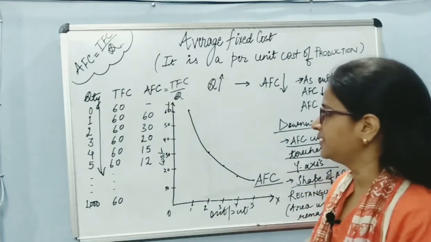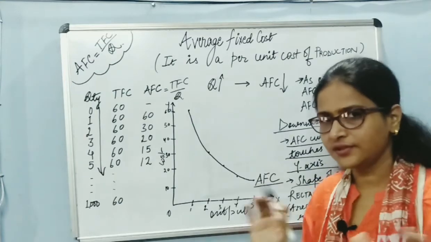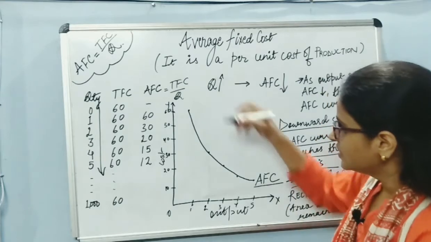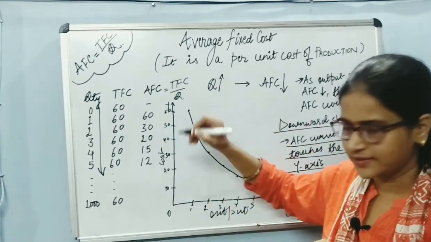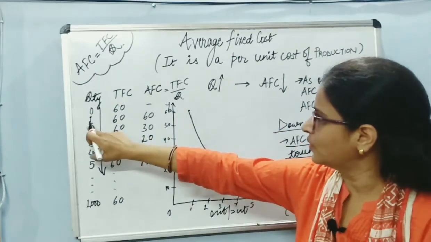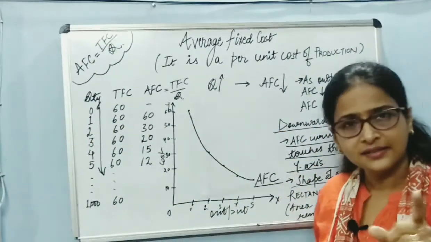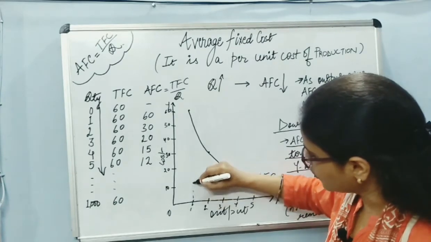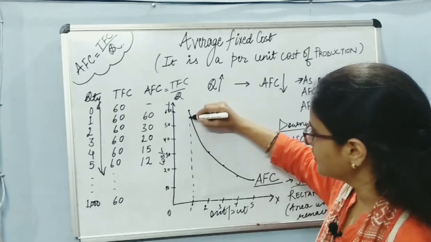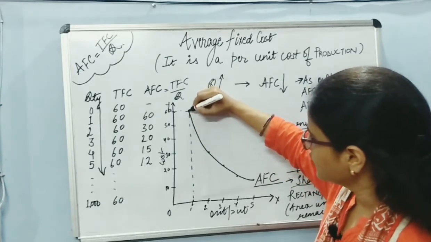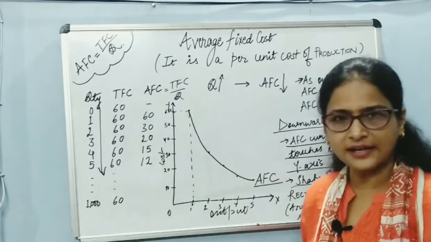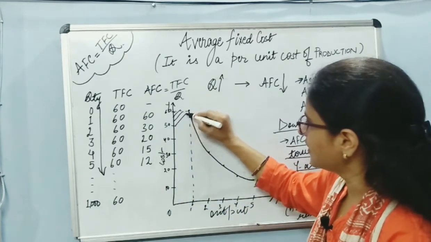I'll show you. See, when we join, just see how many rectangles you can make here. Just join the points from A. When your output is 1, your AFC is 60. So just join A from 60. See, you can see a rectangle here. This is a rectangle.